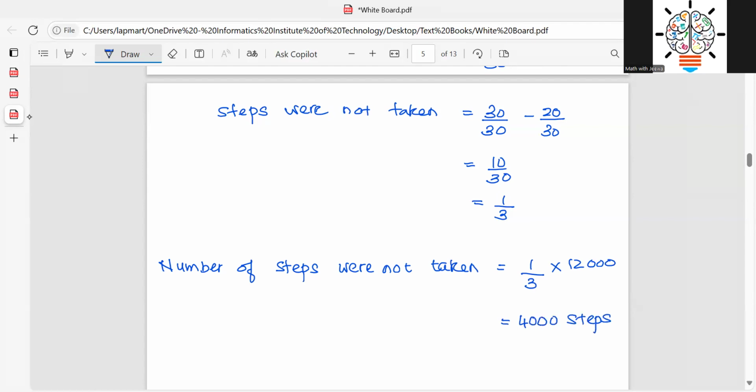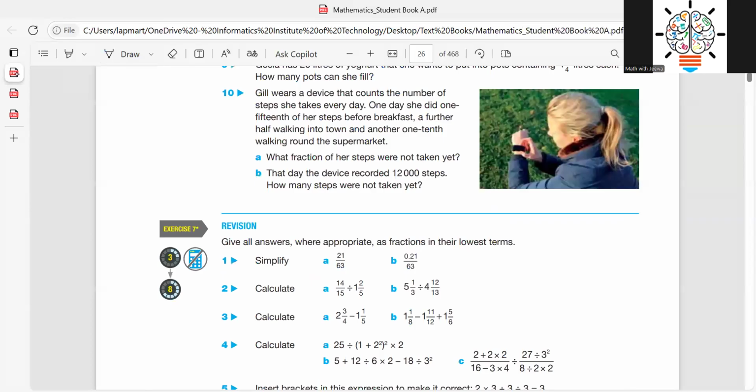Here, most of the students get the wrong answer because they are not reading this part. They think that the device recorded 12,000 steps up to the supermarket. But here specifically they mentioned that day. That means at the end of the day. And 12,000 steps is the total number of steps she has taken.